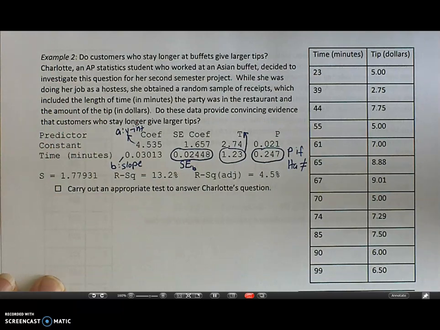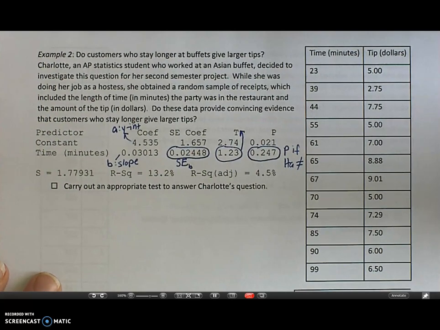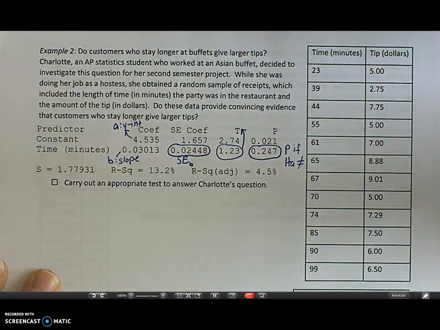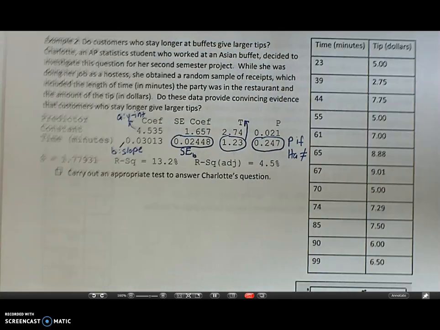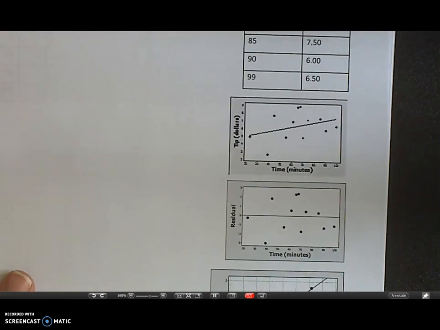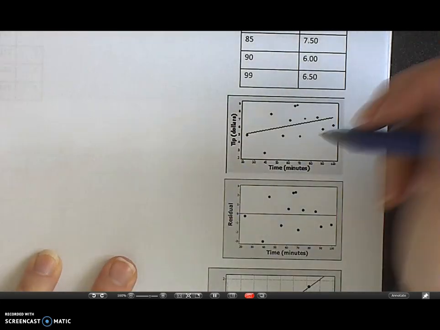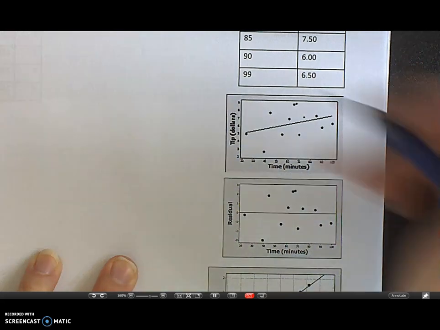Now, in addition, we also have our table of values here. We can see the time and the tip that related. Down here on the side, let's make sure we can identify each graph. This first one is going to be the scatter plot with a picture of the least squares regression line.